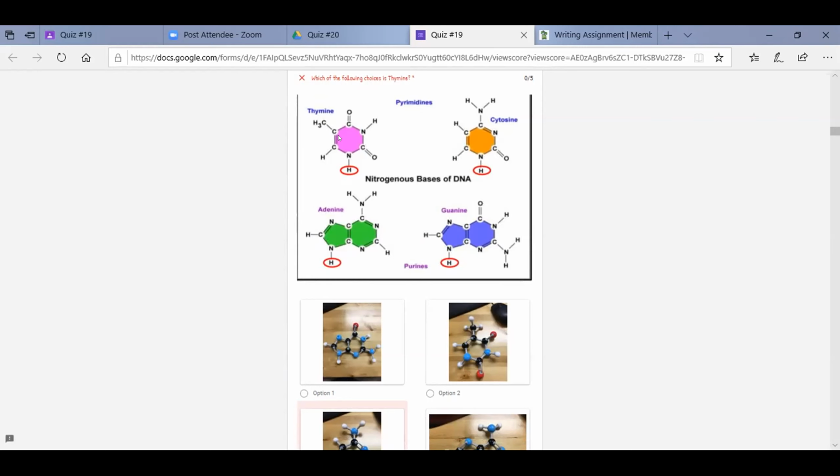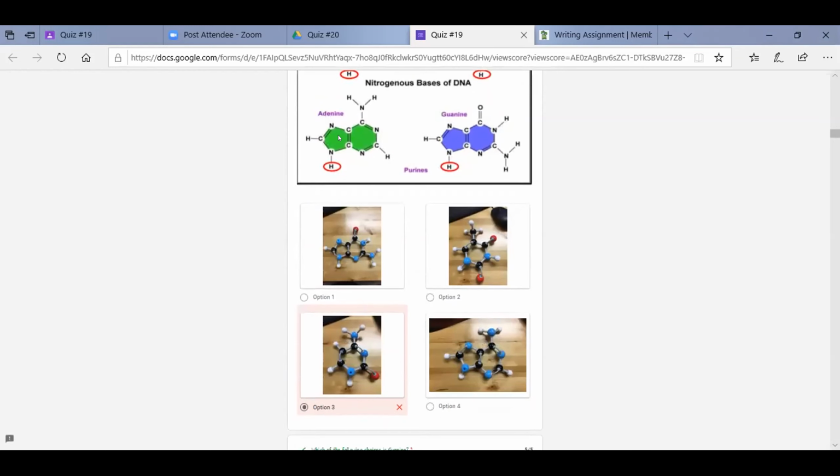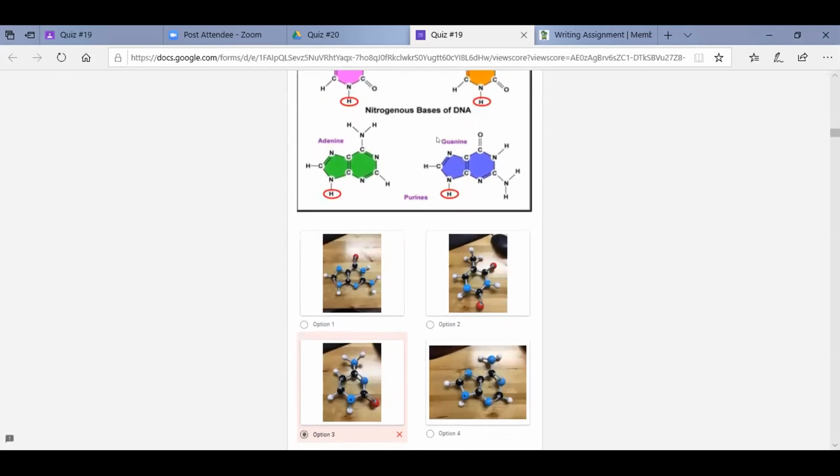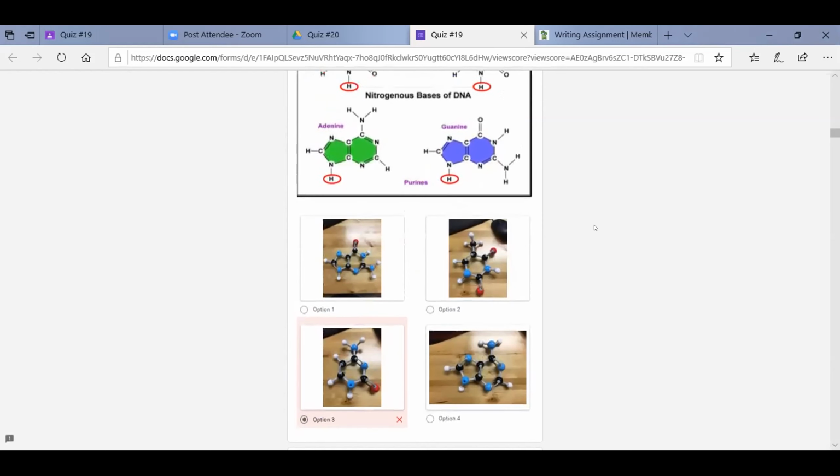How many oxygens are there? Two. Yep. It's asking which of the following choices is thymine, so look at your options. Whichever one has two oxygens and one ring. So two oxygen, option 2? Yep, because it's one ring and two oxygen. Keep going.